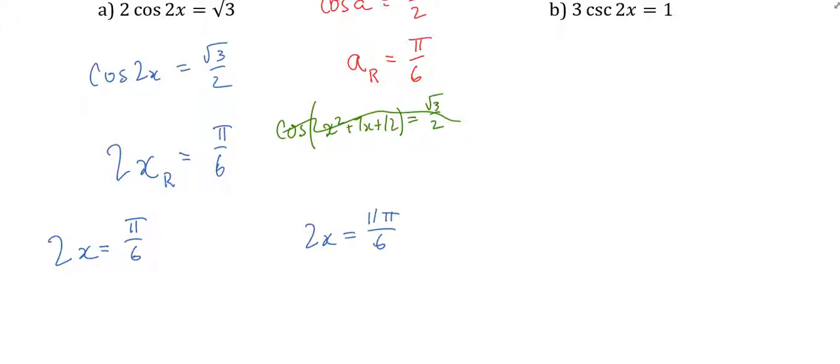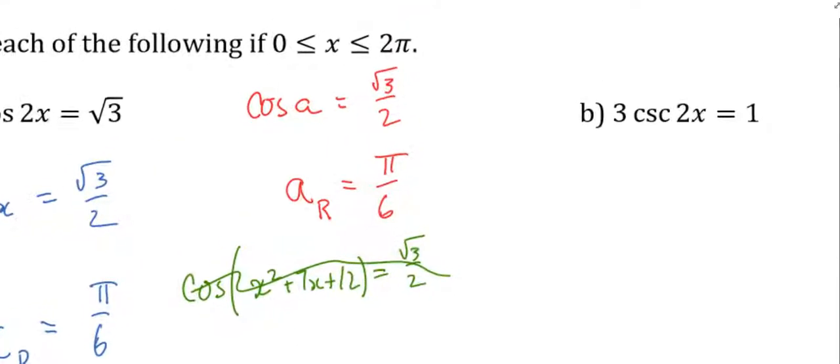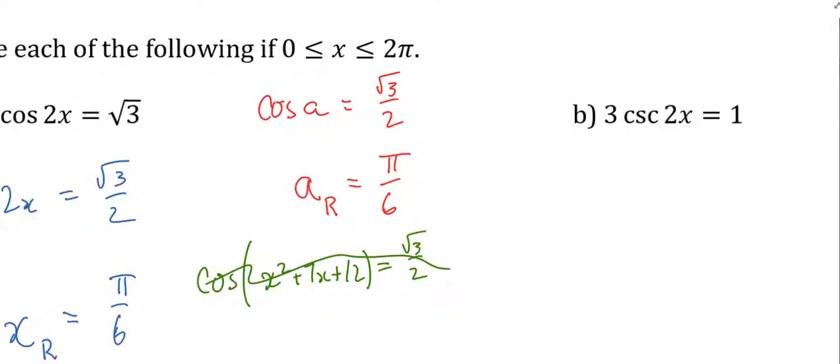And if 2x is pi by 6, then x is pi by 12. And think about that. Go back up to the question. Go back up to this cos of A. If I do cos of pi by 6, I get root 3 over 2.